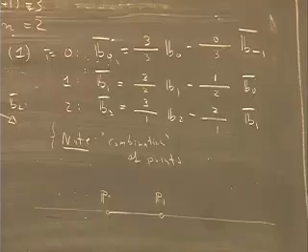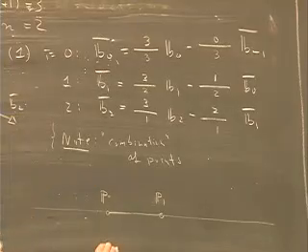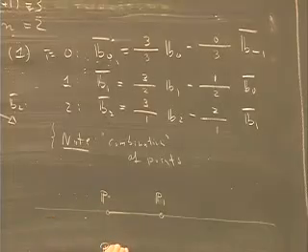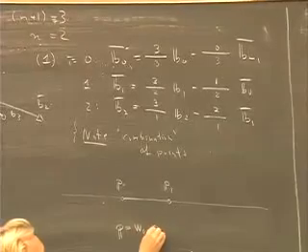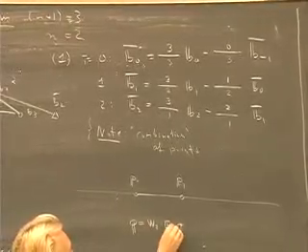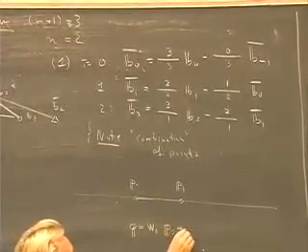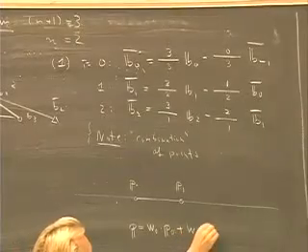Now, I can write any point on this line. Any point on this line is a combination of weight 0 times the first point, P0, plus weight 1 times point 1, P1.